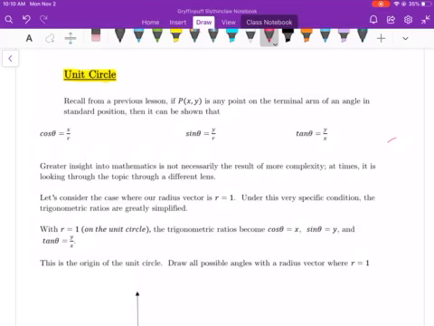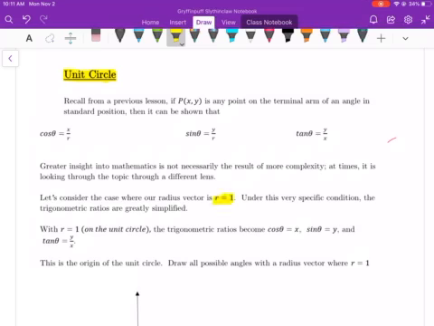To gain greater insight into mathematics, you don't need to make it more complex. Sometimes you just have to look at things differently, and things become much easier. This is the way of the unit circle. So let's consider a very special case where r, our radius vector, is 1.